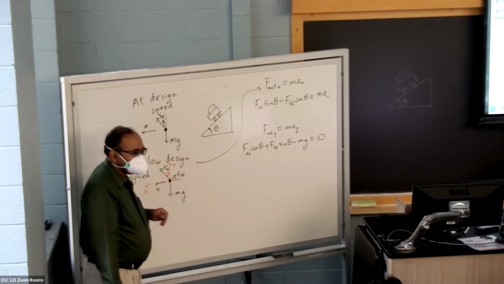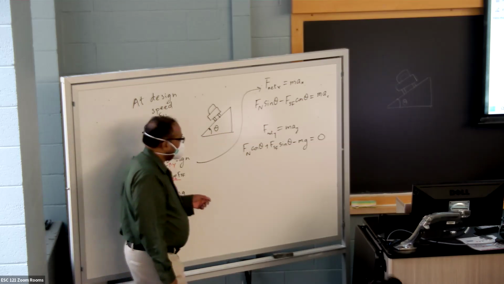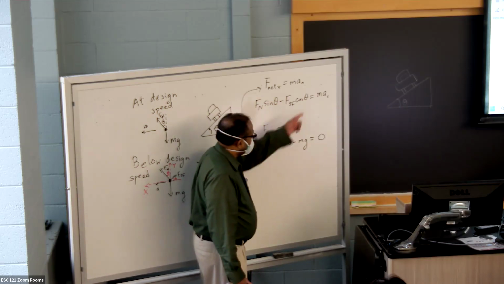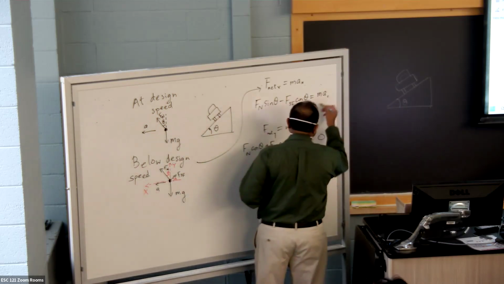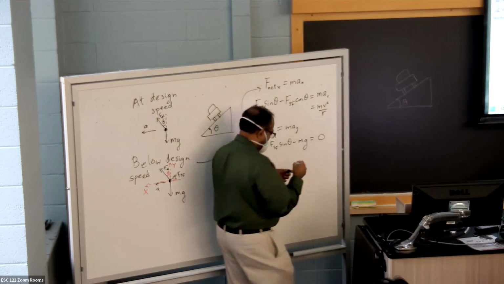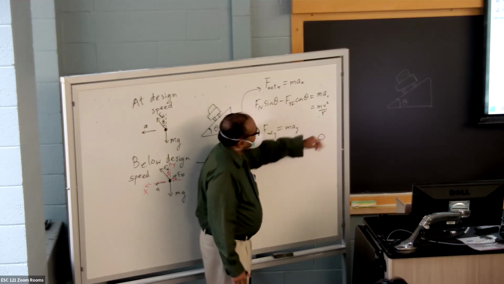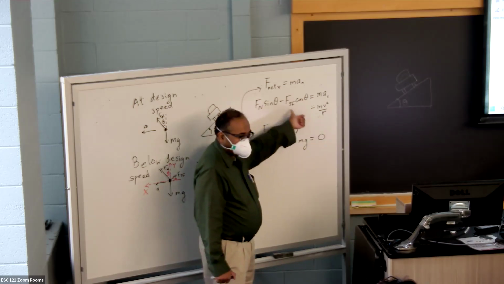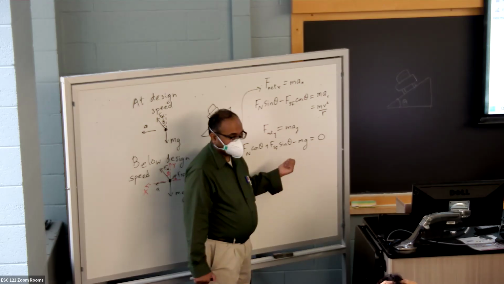These would be the two equations I need, assuming that I have the mass and the angle and the speed. How does the speed come in? Well, because this is centripetal acceleration, this is secretly mv squared over r. So if I have the mass, the angle, the speed, and the radius, then my unknowns are just Fn and FSF. And so I have two unknowns and two equations, and I can solve.